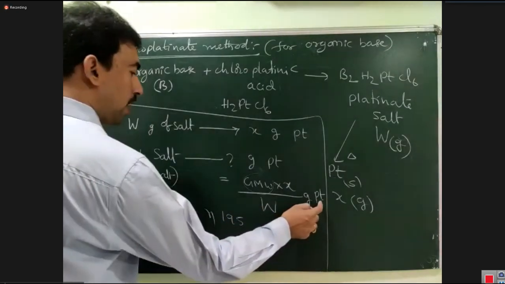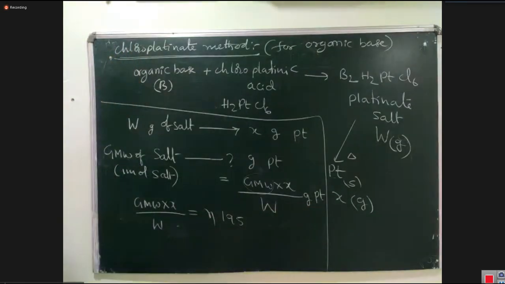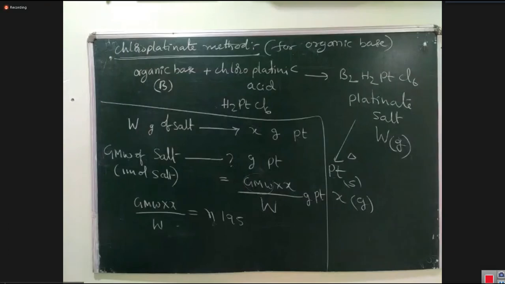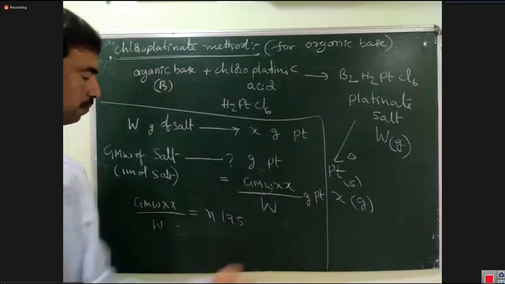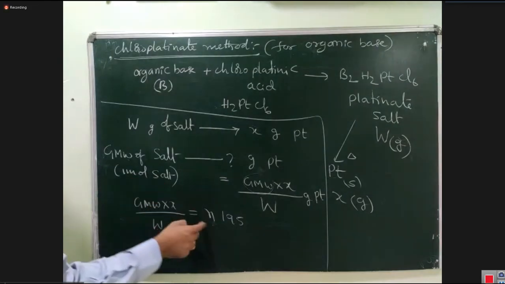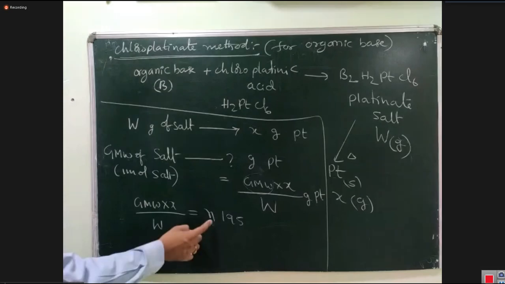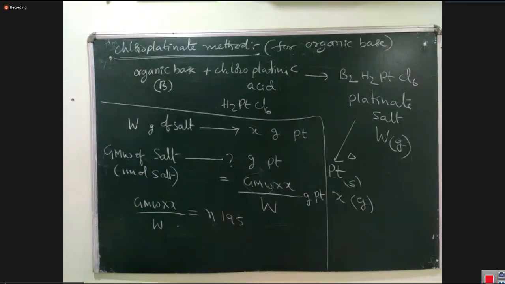The atomic mass of platinum is 195. N moles of platinum are formed. From 1 mole of salt you will get N moles of platinum, so N into 195 grams of platinum will be obtained.